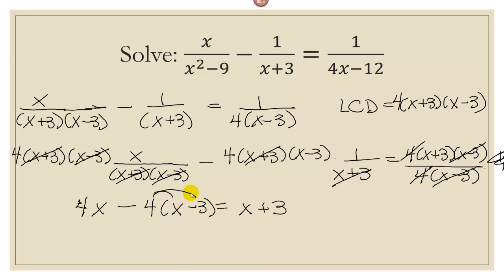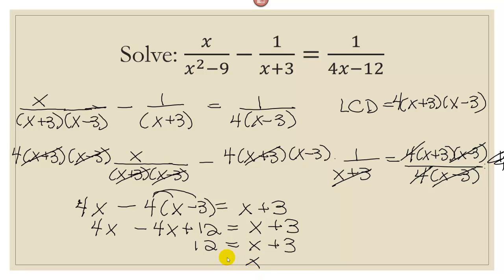So let's distribute this, and we're left with 4x minus 4x plus 12 equals x plus 3. Okay, the 4x's should cancel, and now we're just left with 12 equals x plus 3. Subtract 3 from both sides, and we have x equals 9.